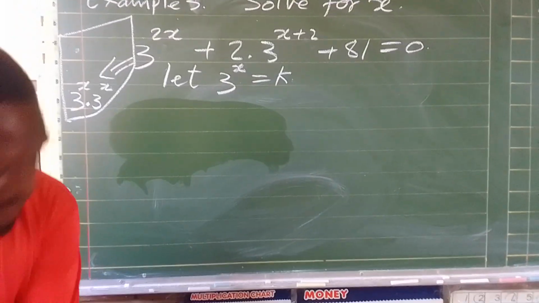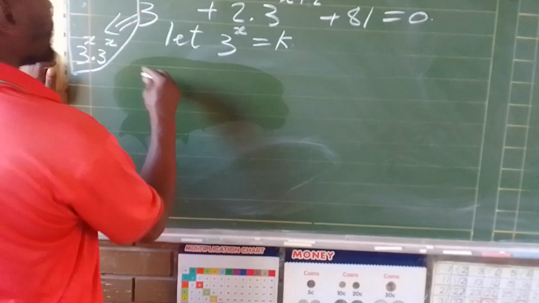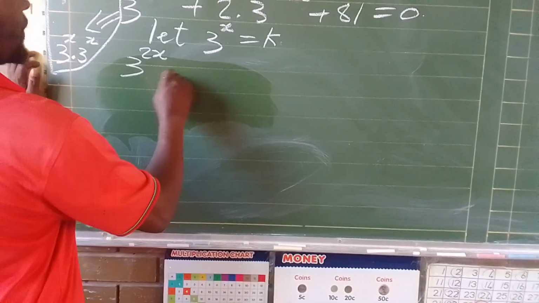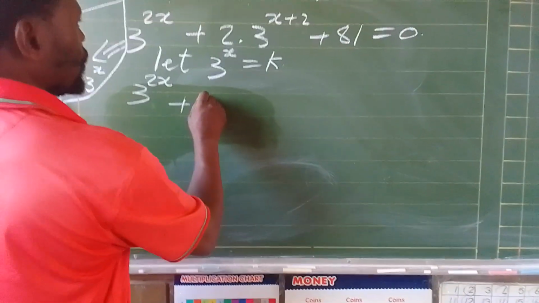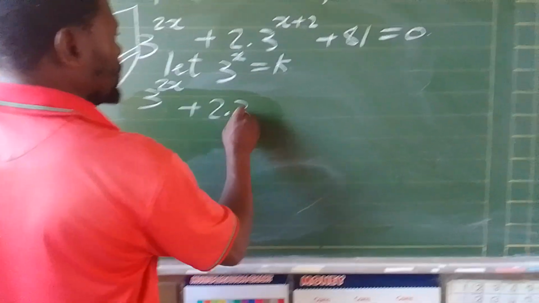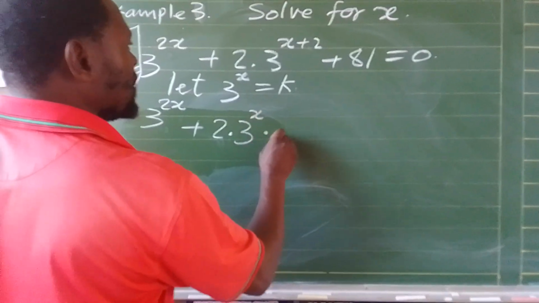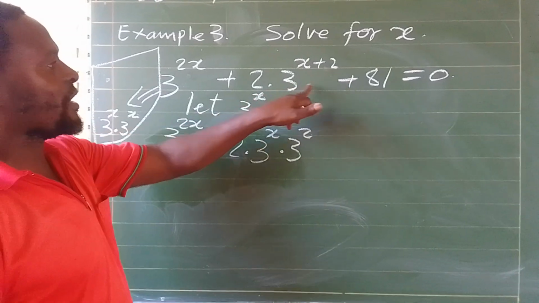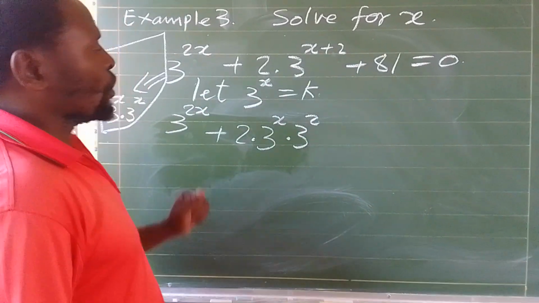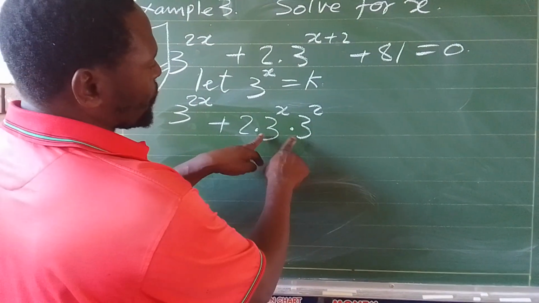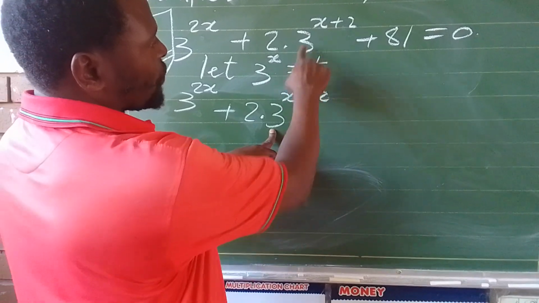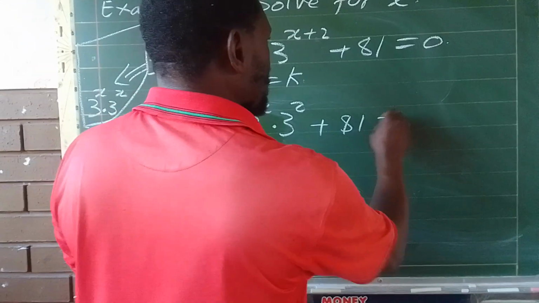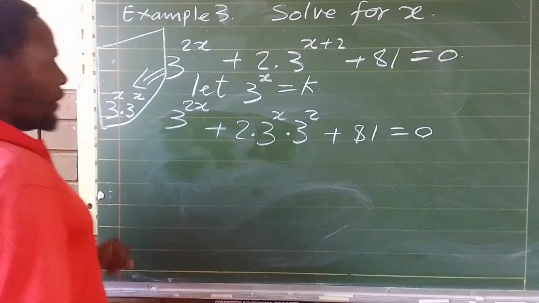Now, we are going to take this step by step. We are going to say 3 to the power 2x plus 2 times 3 to the power x times 3 to the power 2. This is what I said. 3 to the power 2. Because when you multiply this, it's going to be 3 to the power x plus 2 plus 81 is equal to 0.